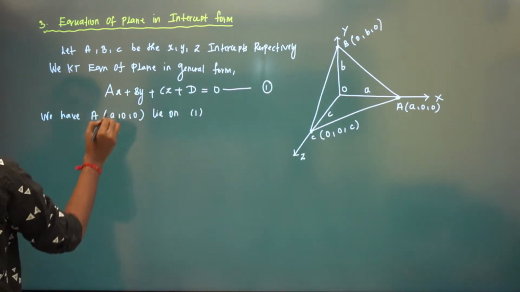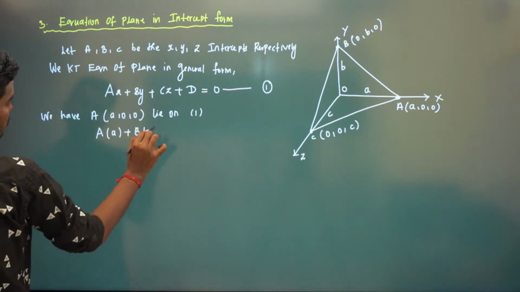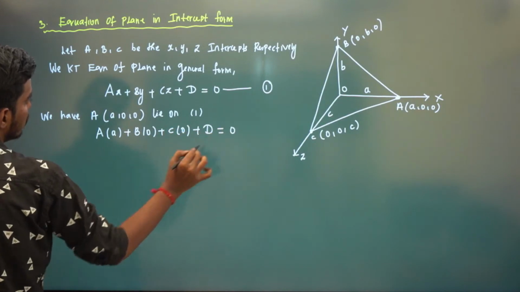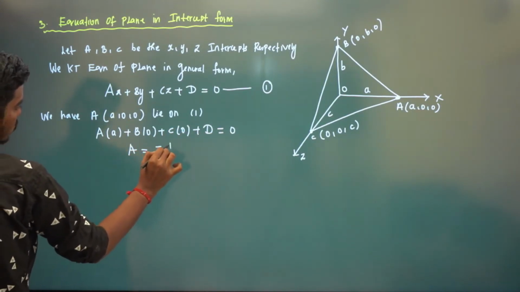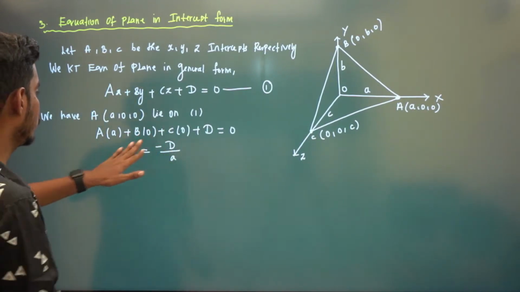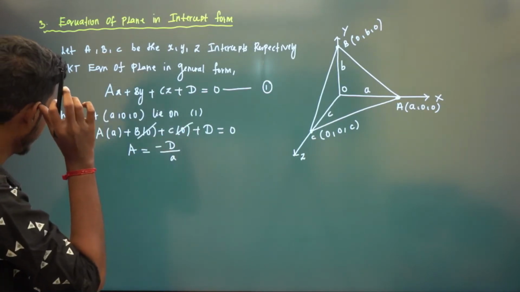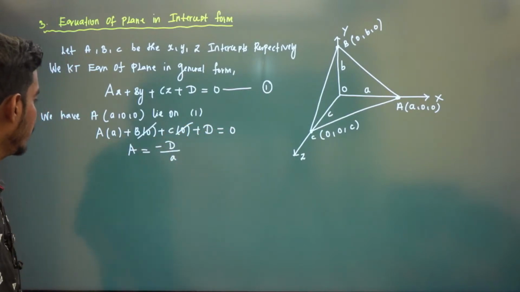That means it will satisfy this equation: A into a plus B into 0, C into 0 plus D is equal to 0. So we have capital A is equal to minus D divided by small a. This will be 0, this will be 0.